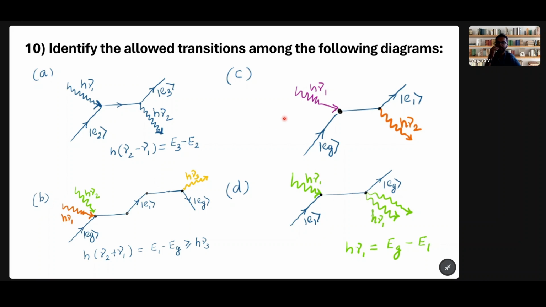If we take the case of C, B, and D, all of them deal with ground state to excited state transitions, where B and C represent your excitation process, your absorption process, whereas D represents your stimulated emission process, where the energy of the photon is equal to the difference between the energy of the excited state and the ground state.